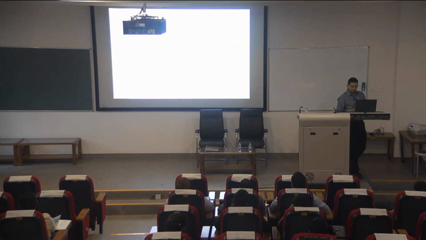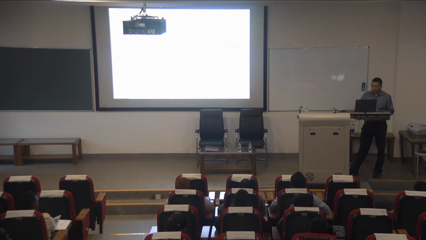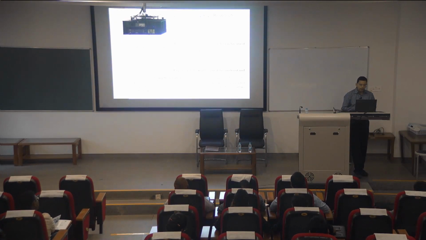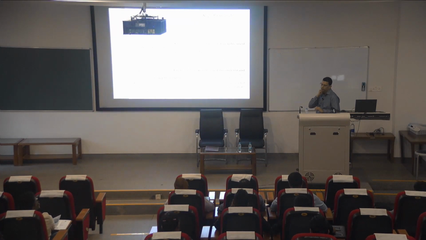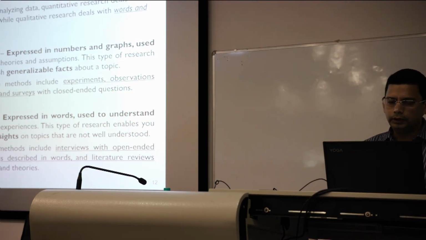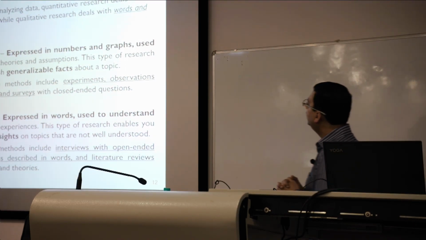Okay. So let's now get into broadly what are the types of research based on different domains. Irrespective of domains, we will look at what are the types of research we can categorize into.